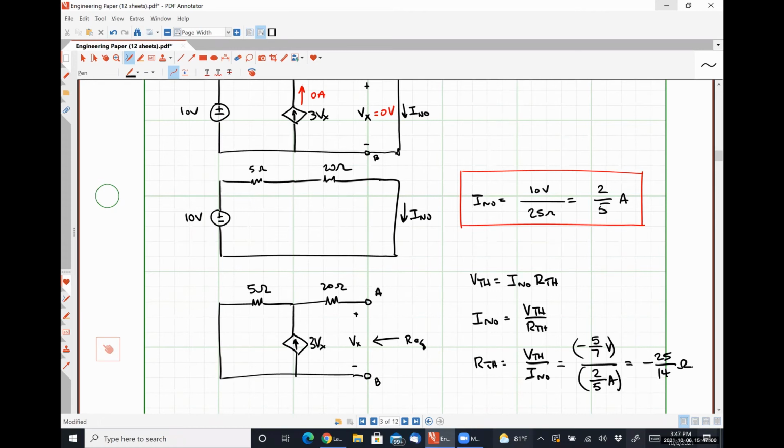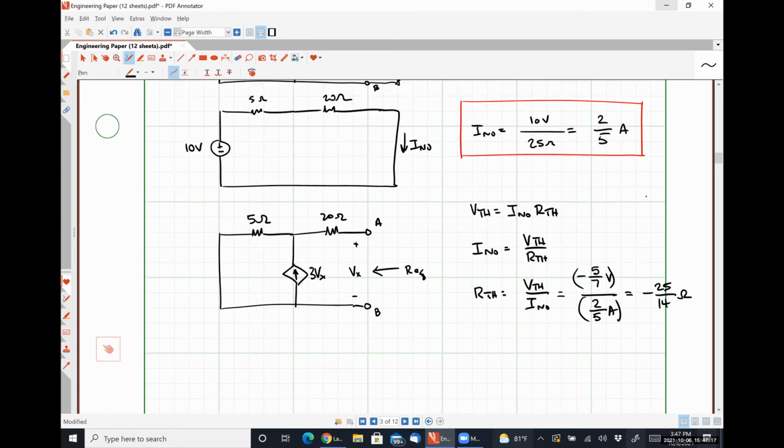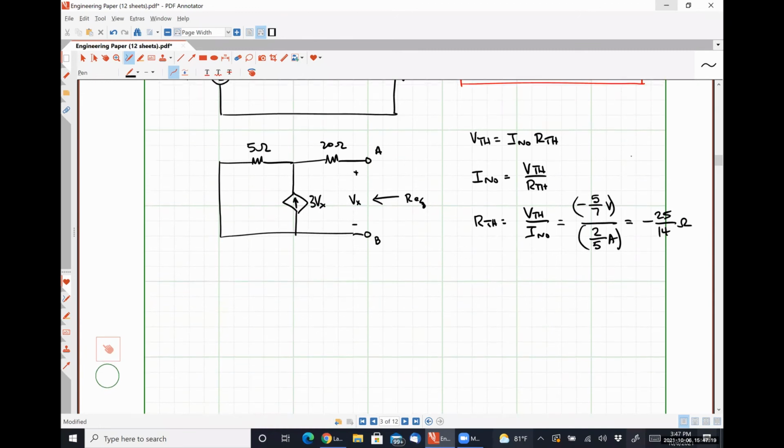Now, there is a way that we can determine the Thevenin equivalent resistance directly. And it also goes back to the fundamental definition of Ohm's law. And so it's going to be applying what I call the test source method.